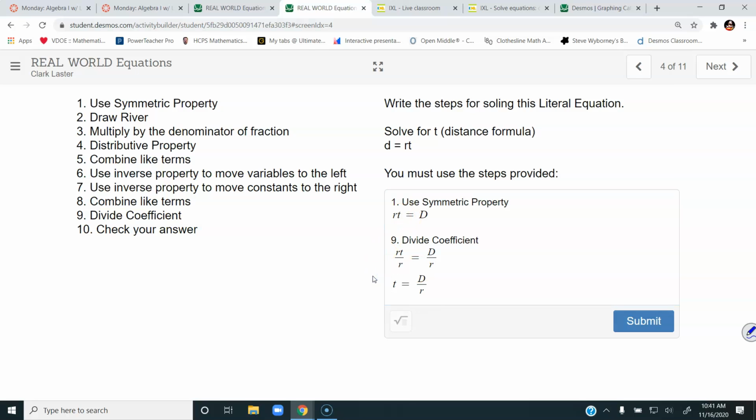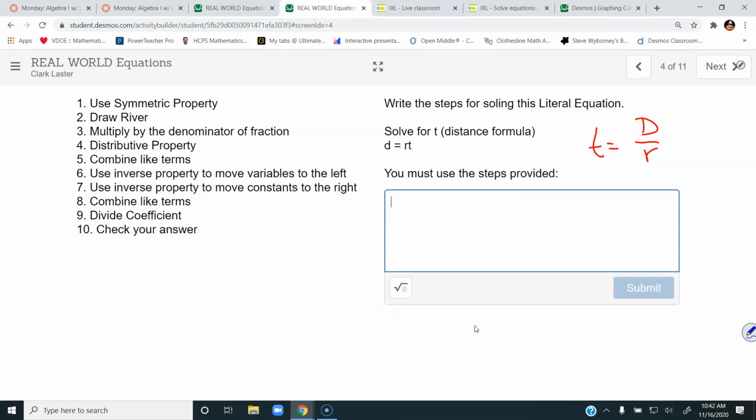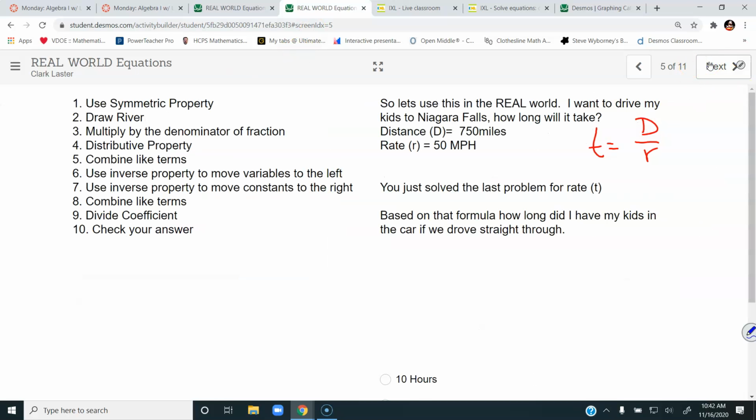Okay, so I'm going to use that equation. T is equal to D divided by R. Okay, and I'm just writing that all in there so I have it. All right, so it says now you have solved the last problem for T. Based on that formula, how long would it take my drive to drive straight through to Niagara Falls?